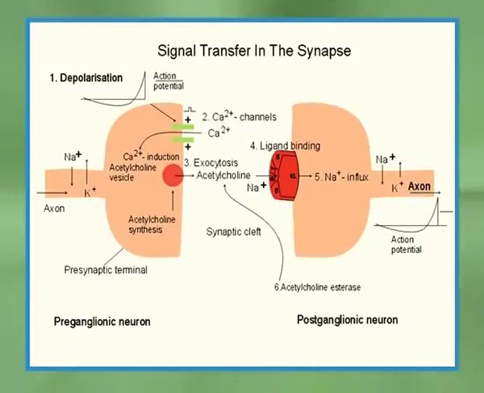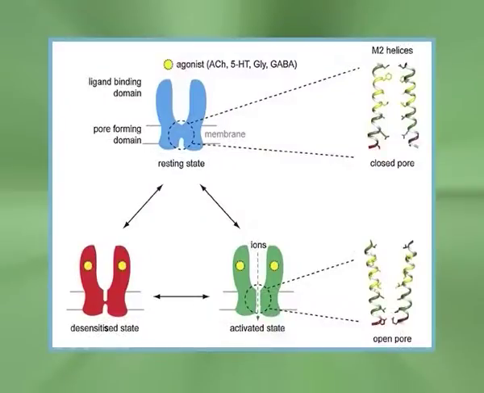This step, hydrolysis, is carried out by the enzyme acetylcholinesterase. The acetylcholinesterase found at nerve endings is anchored to the plasma membrane through a glycolipid. Acetylcholine receptors are ligand-gated cation channels composed of 4 different polypeptide subunits.